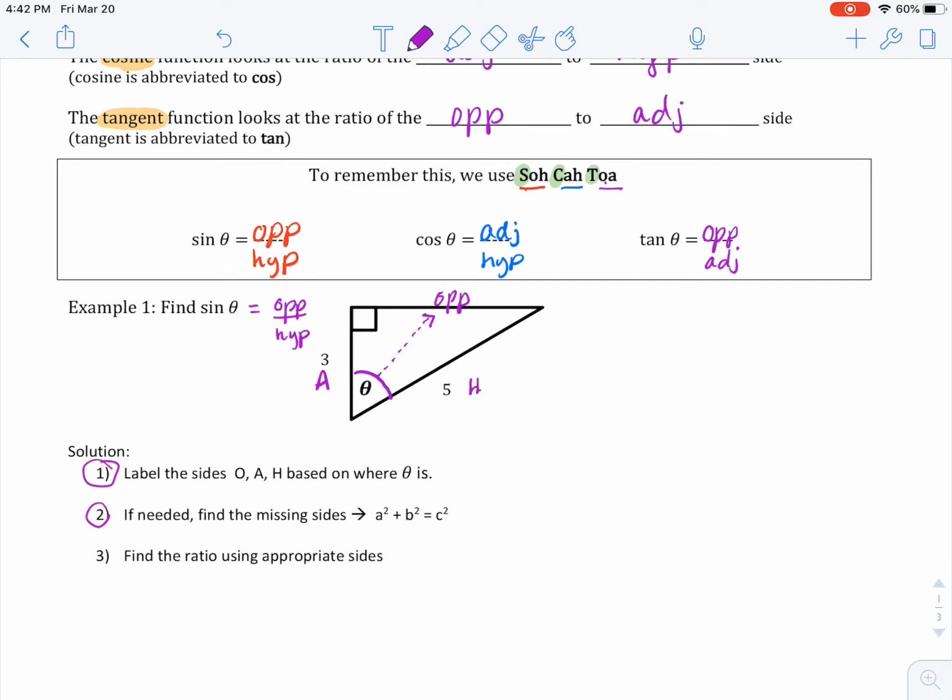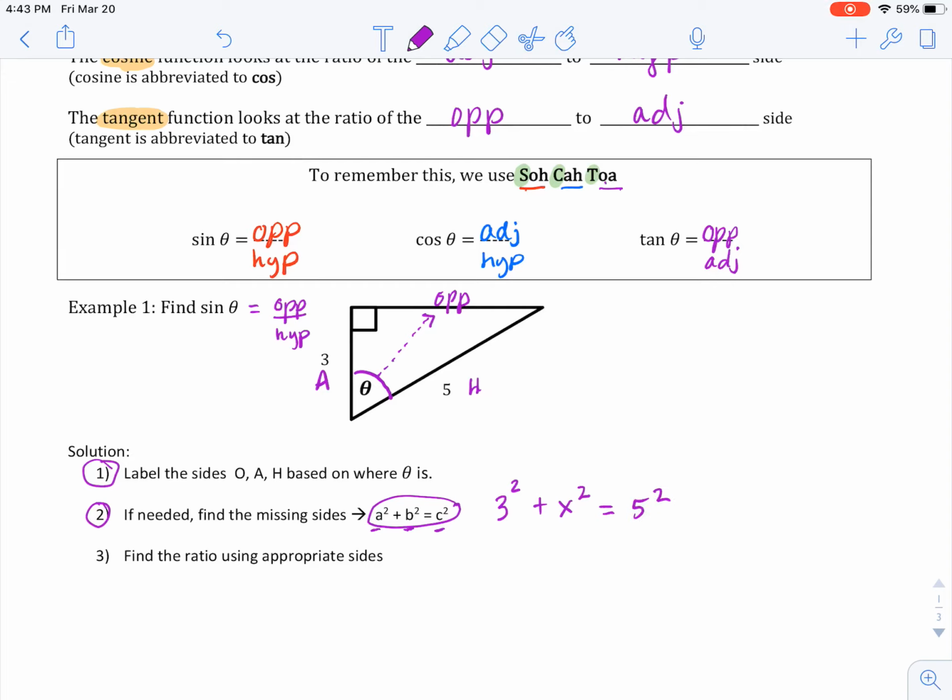So step 2, if needed, as we do in this case, we need to find the missing side. And we're going to use Pythagorean theorem to find the missing side since it's a right triangle. So in this case, A and B are the shorter sides, the legs, and C is the hypotenuse. So I have the side that's 3, so I'll square that. The opposite side I don't have, I'm going to call it X. And that will equal 5 squared, the hypotenuse squared.